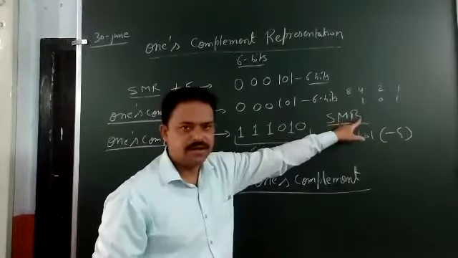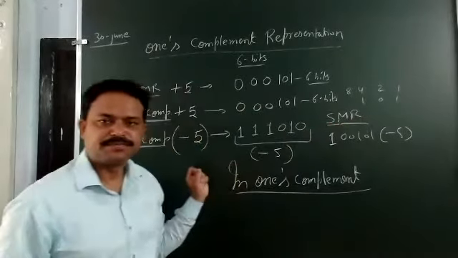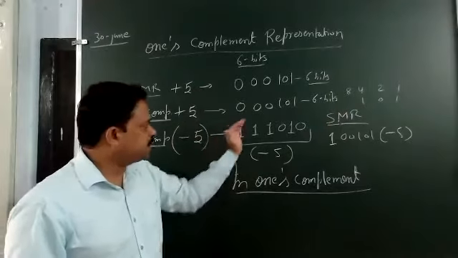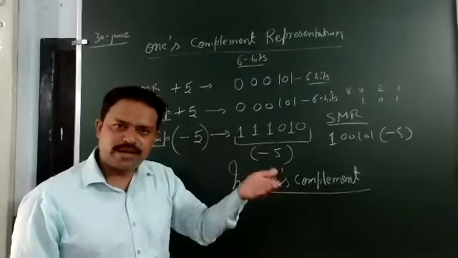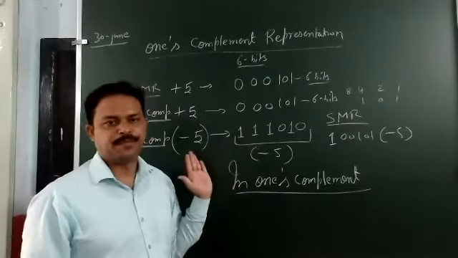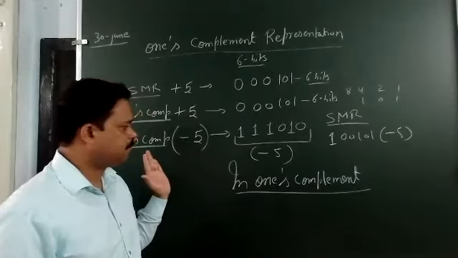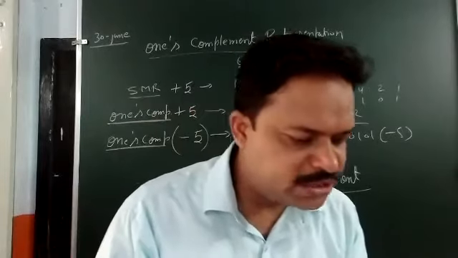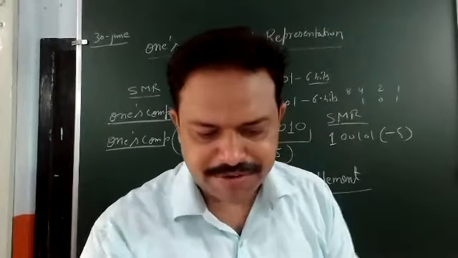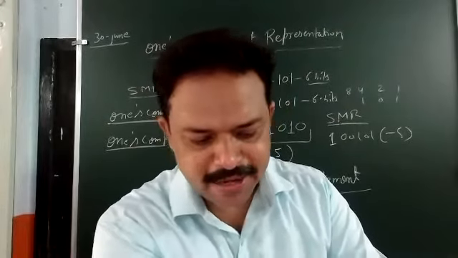For negative values, just replace 0 with 1 and 1 with 0. If you want to note down anything else about one's complement, I don't think there is any other important definition. There is only this one thing.